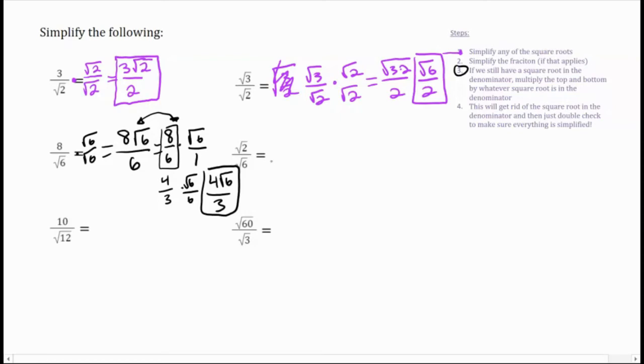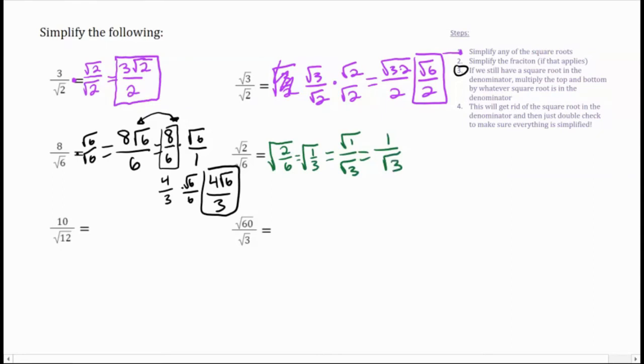Next one here, I'm going to put this together because what I see is I can actually simplify this fraction to become the square root of 1/3. That's going to make life easier because when I break it back up, I get the square root of 1 over the square root of 3. And the square root of 1 I actually know is just 1.